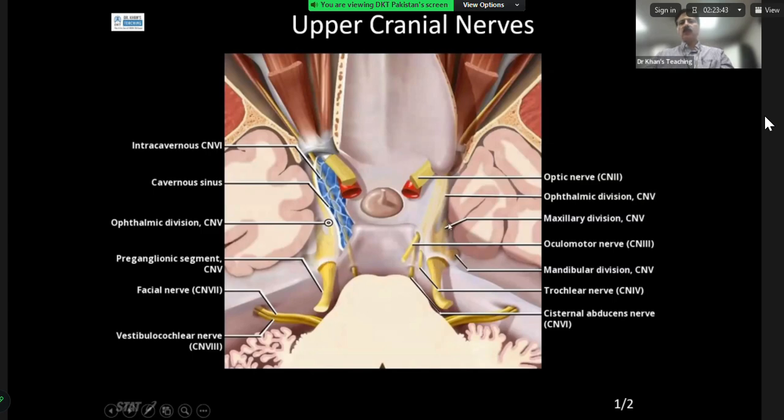It goes into this part, which is known as Meckel's cave, very well seen on an MR, and it divides into 3 branches. V1, which is the ophthalmic branch, and then the maxillary branch, V2, and V3. V1 and V2, remember, they go into the cavernous sinus. V3 is a favorite in the exam because it goes through the foramen ovale and goes into the masticator space.